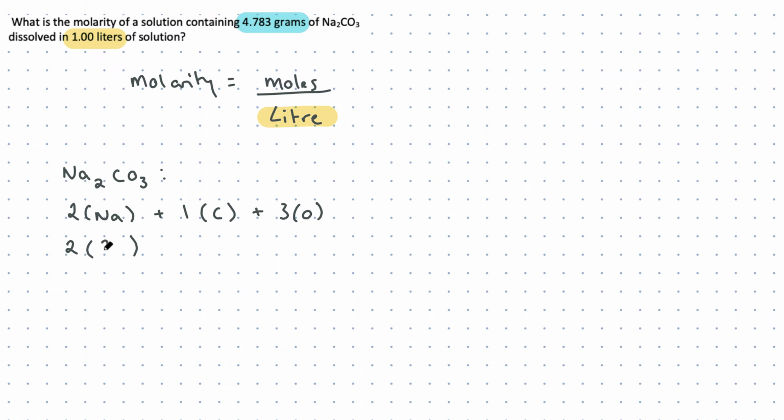So Na is 23, plus 1 by C, so 1 by 12, plus 3 by O, which is oxygen, so 3 by 16. And if you put all of that into your calculator and tidy it up, you will get 106. And remember, the units from the periodic table are grams per mole. So 106 grams per mole is what we're working with.